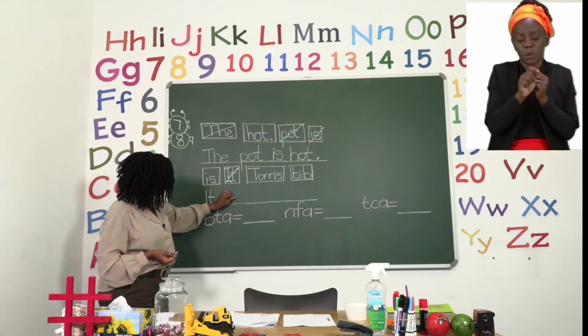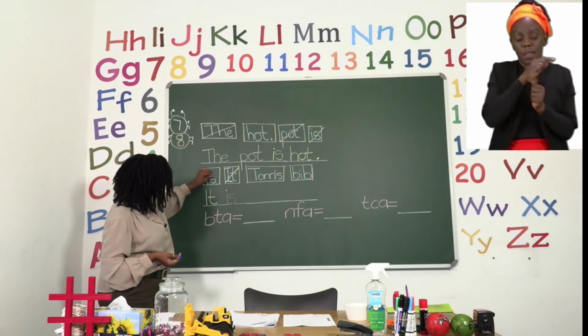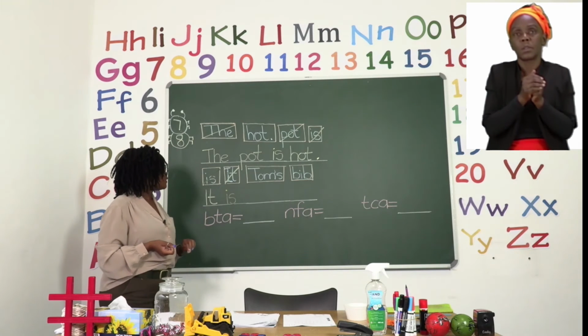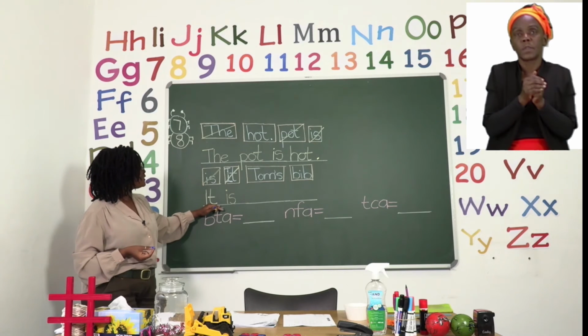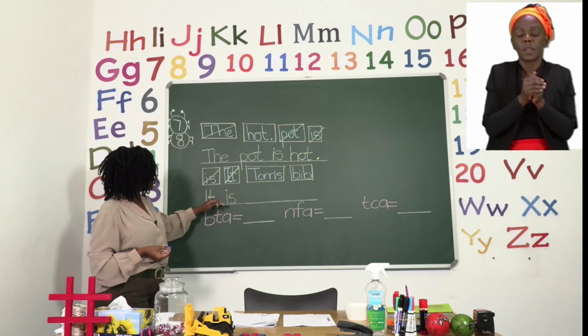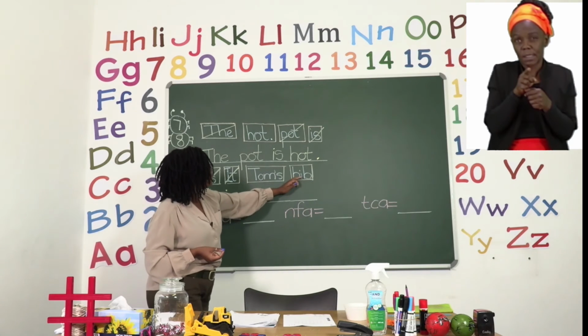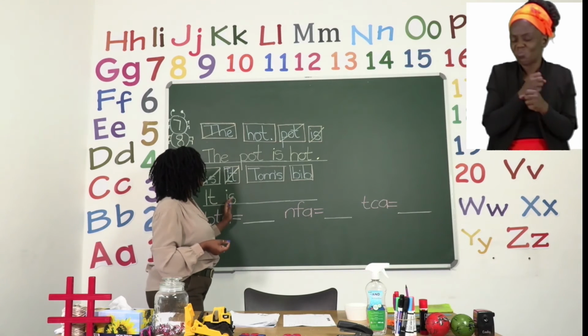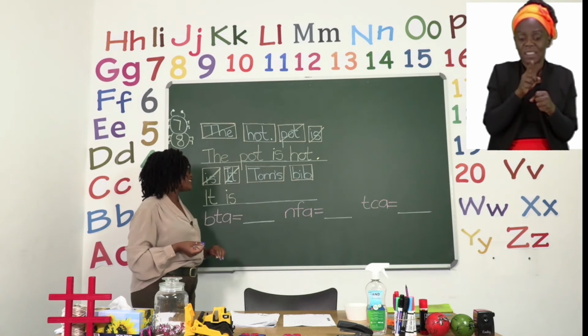There we go. And we cross it out as we go along. So the next one, before we get there, we need to read our sentence. It is, and then do we say bib? It is bib? No, that doesn't sound right either.